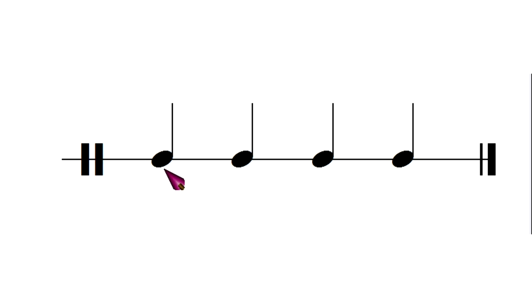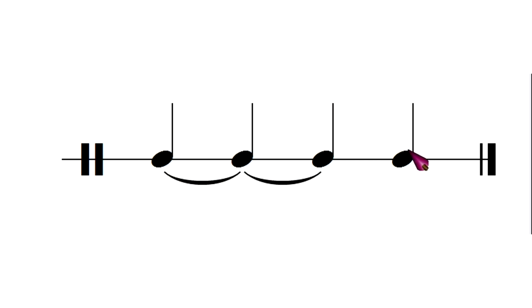I could go ahead and link these two quarter notes together and then link this one to this one. So I link three quarter notes together, and this is going to sound like this: ta, ta.